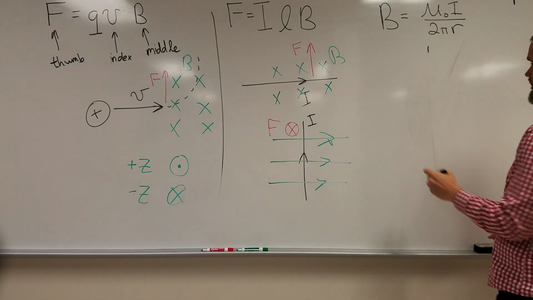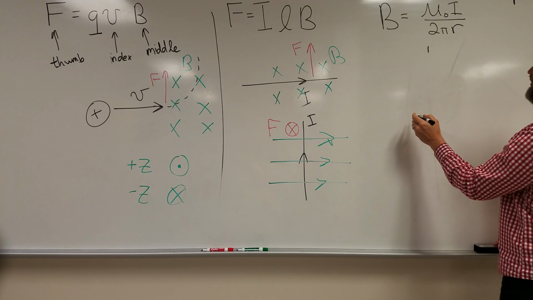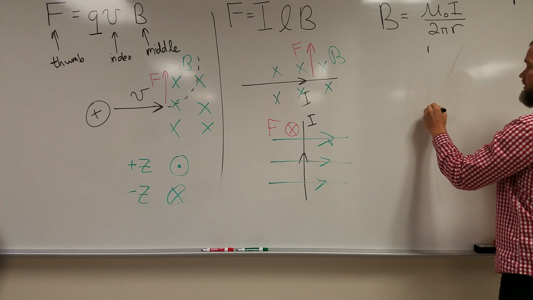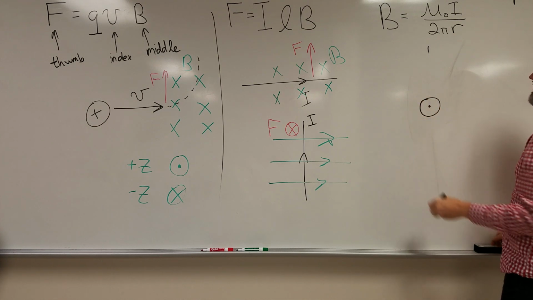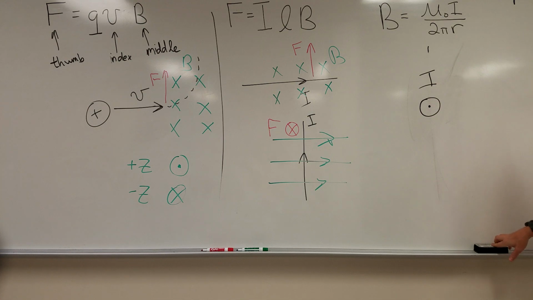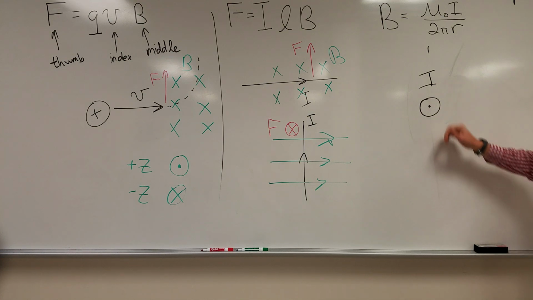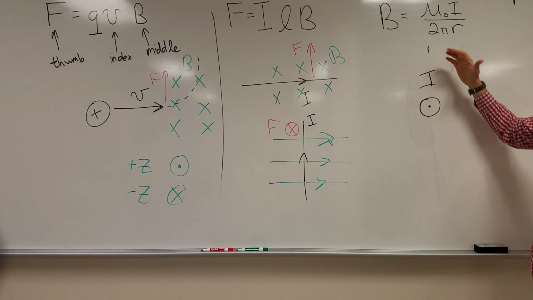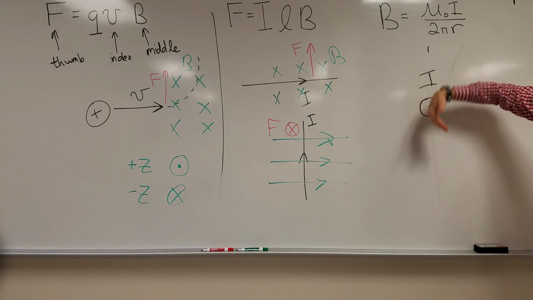Let's do one other, where now I have a wire in the z direction. This is a current that is coming out of the page, and I want to know the direction of the magnetic field. My thumb points out of the page, and my fingers fold around like this.